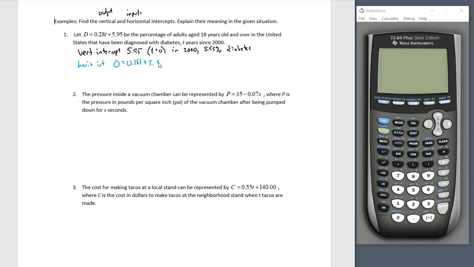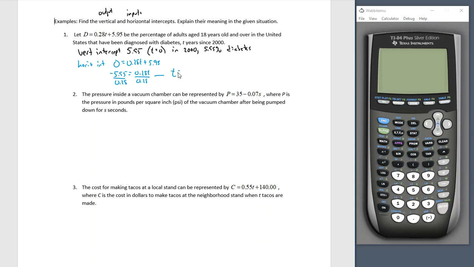I have a little backwards action going on there. We all have our struggles here and there, so even your professors do. Let's subtract 5.95 from both sides. We could divide both sides by 0.28.